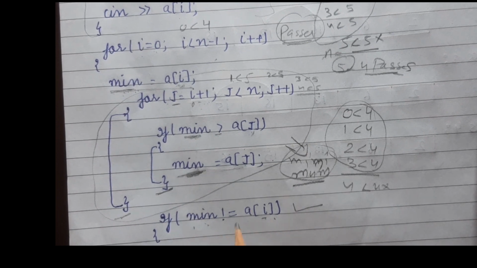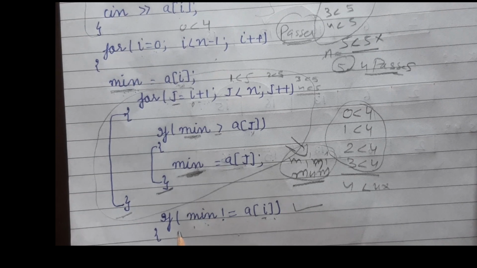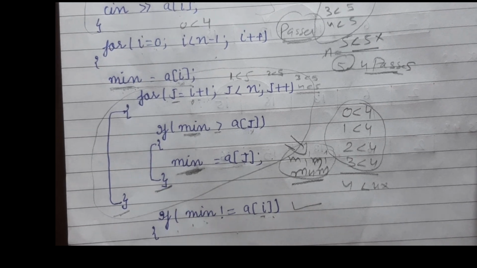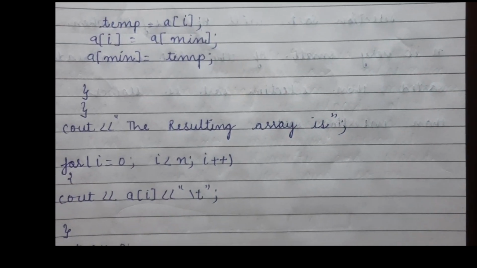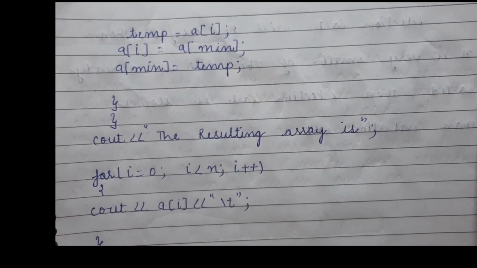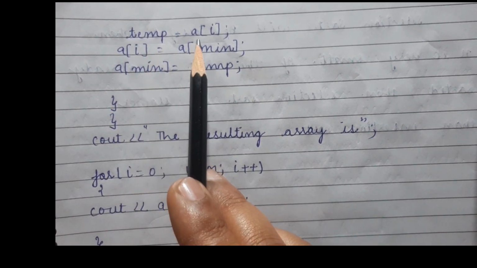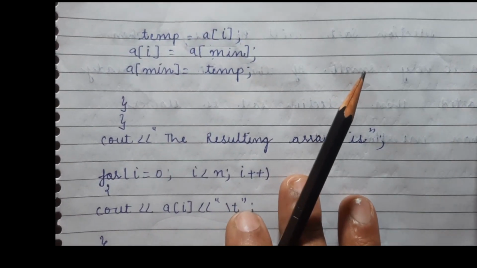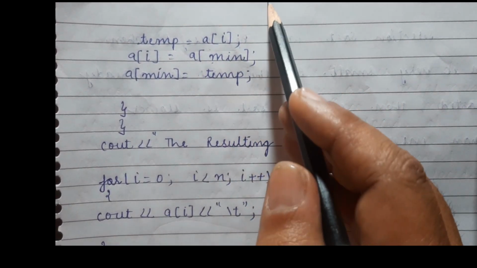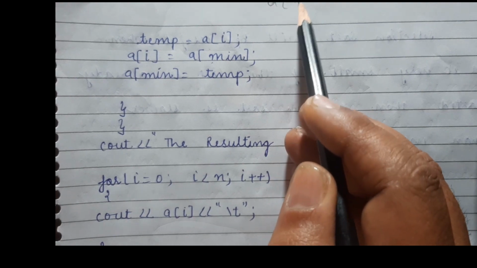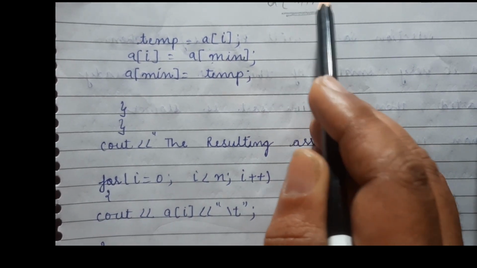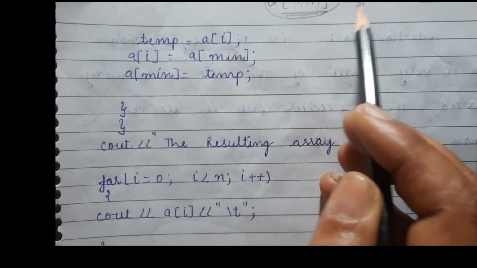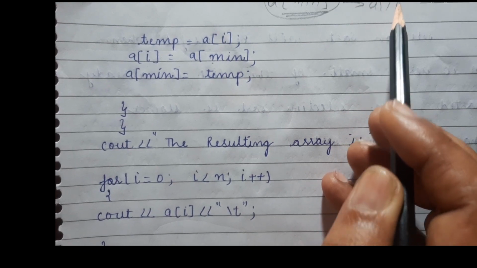So now here I implement this if structure for performing the swap operation. Now I write temp is equal to a of i, a of i is equal to a of minimum, because now minimum is updated. Now I interchange a of minimum with a of i.